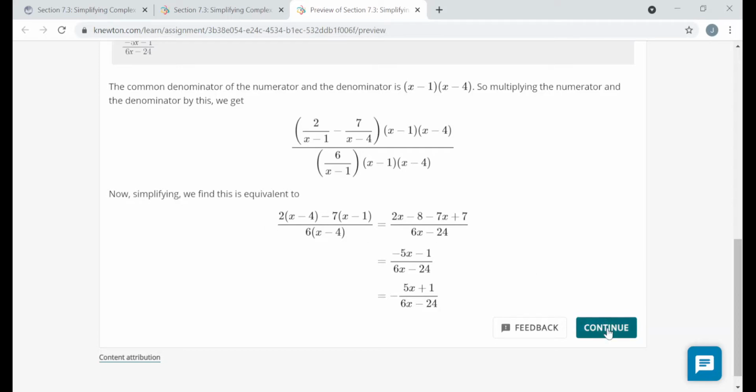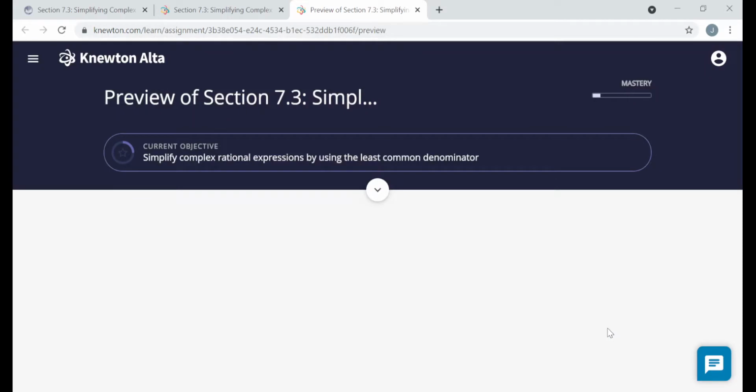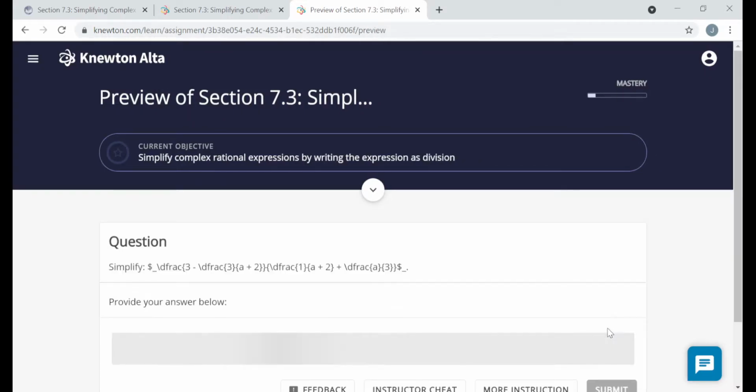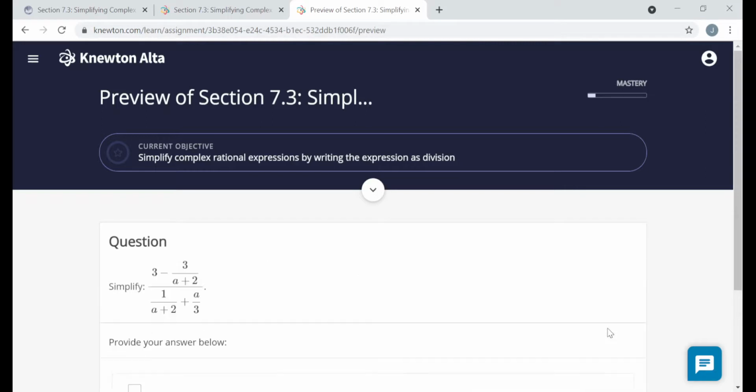Okay, next question. Now we're doing the same thing every single question, right? We're asked to simplify a complex fraction, a complex fraction with fractions within fractions. Write it as a single fraction with one numerator, one denominator that is simplified, with no common factors in the numerator and denominator.